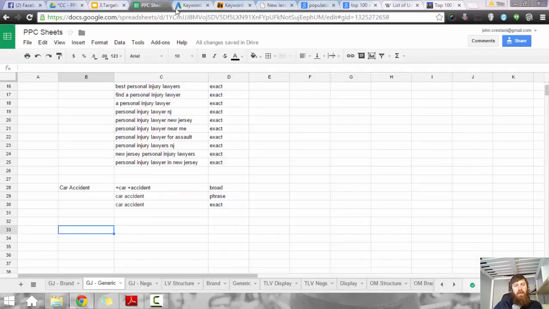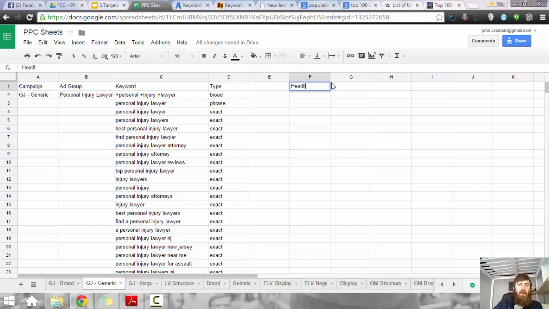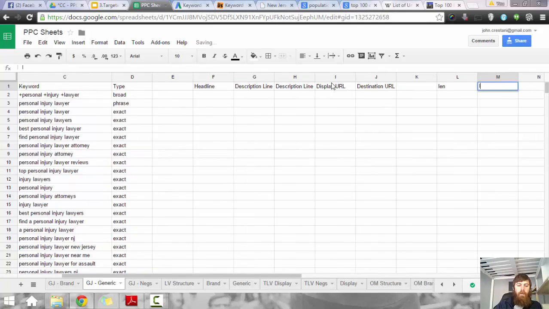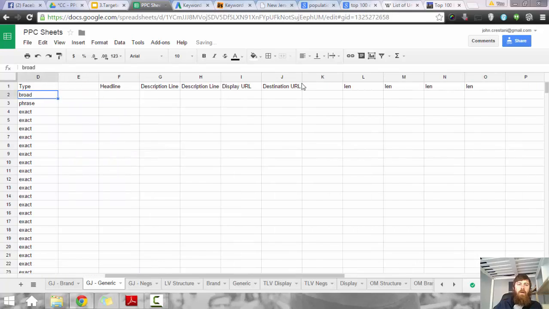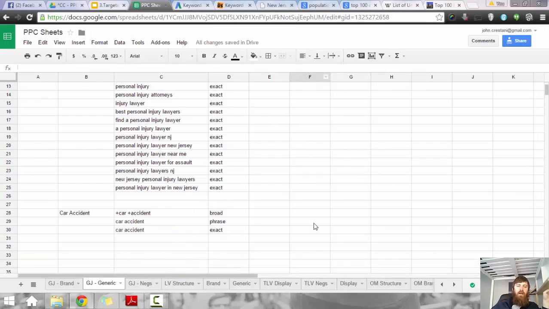I'm thinking a little bit ahead here, but when we write the ad copy, this is going to be the headline, description line 1, description line 2. This is going to be the display URL, and this is going to be the destination URL. So thinking ahead, we might want to do some dynamic keyword insertion where we actually put the keyword they searched for in here.